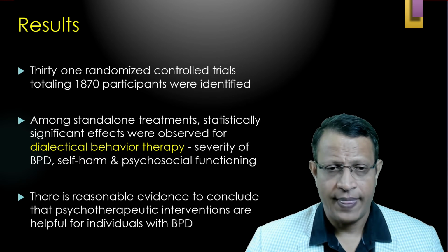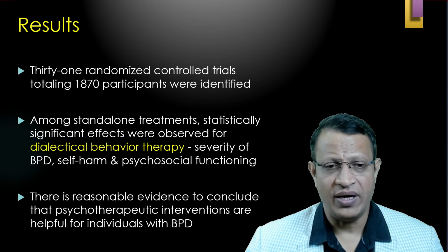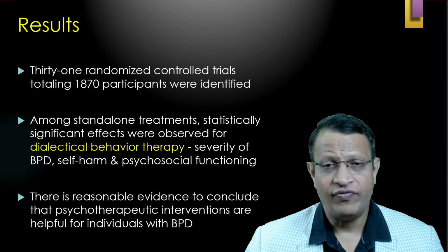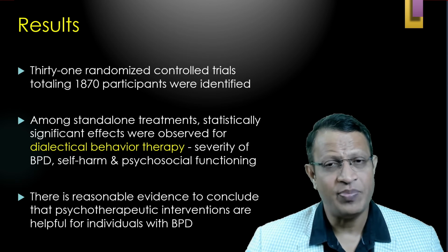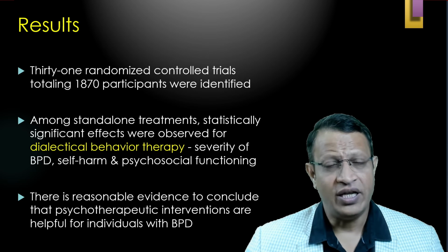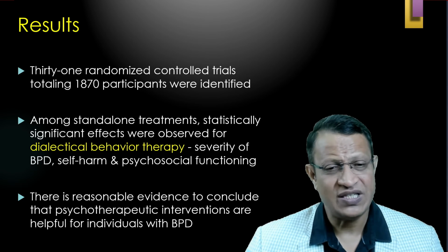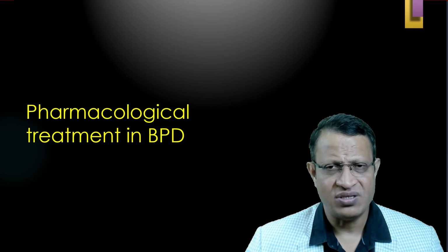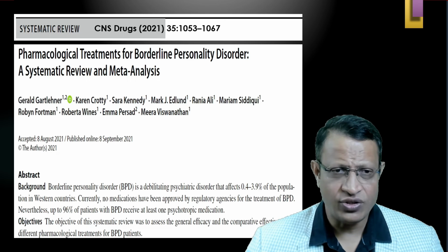Among the standalone treatments, statistically significant effects were observed with dialectical behavioral therapy, and they found improvement in severity of borderline personality disorder, self harm, and psychosocial functioning. They reported there is reasonable evidence to indicate that borderline personality disorder can be treated with psychotherapy, and specifically dialectical behavioral therapy.